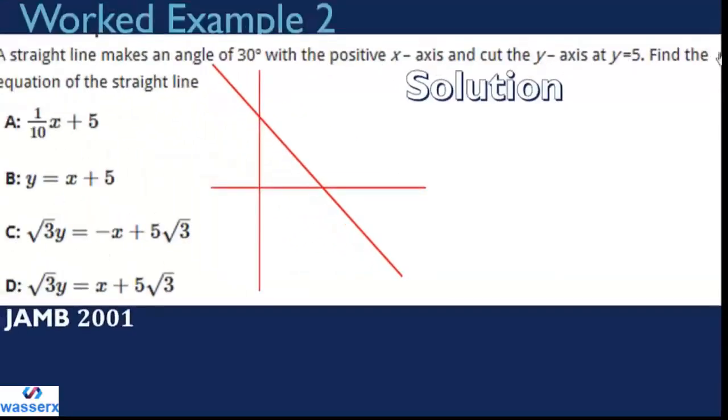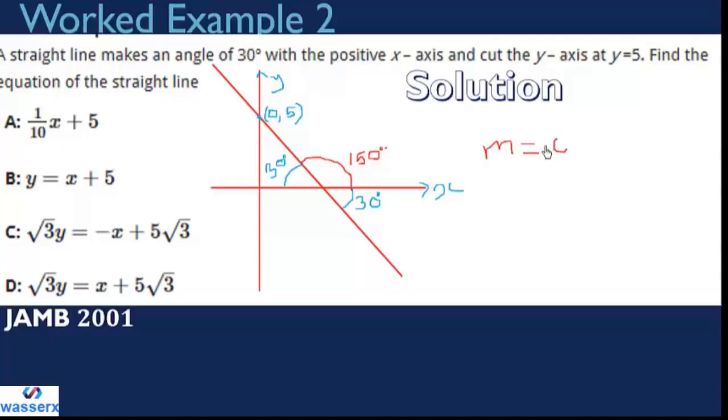Now let's take our second example. The gradient of this line is not given, but we are given the angle and the intercept. We need to find the angle that it makes in the positive direction of the x-axis, which is 180 minus 30, and it is 150 degrees.